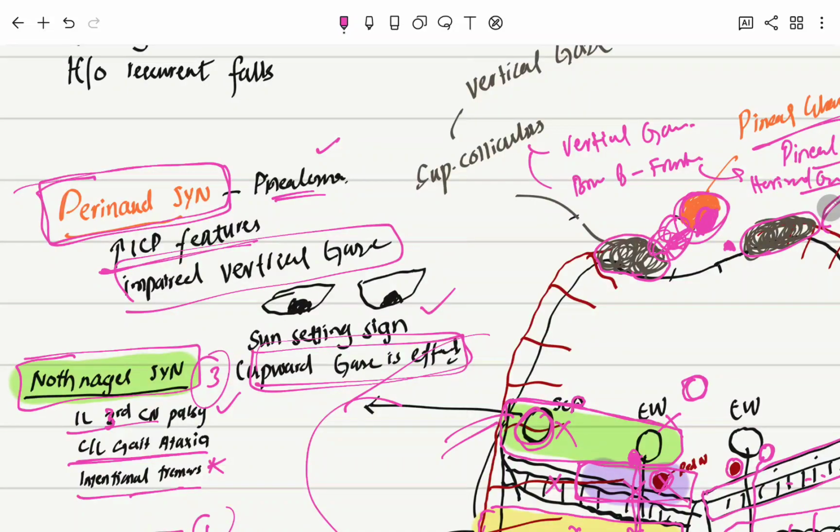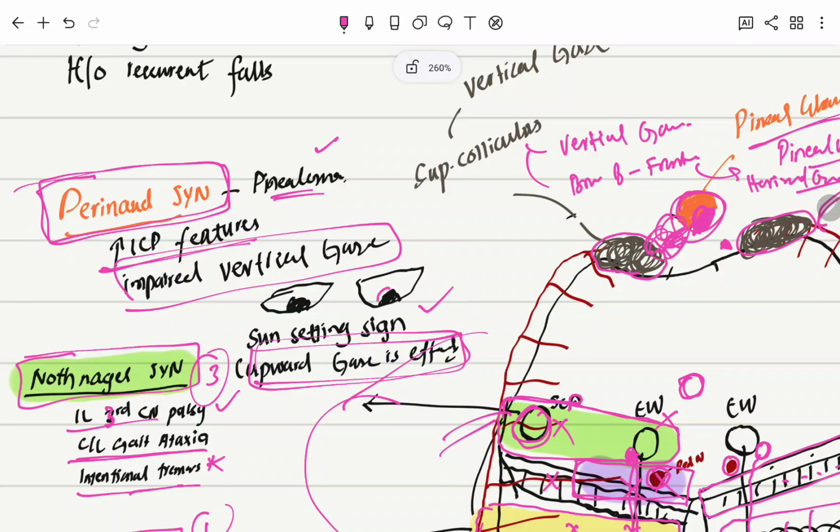So the eyes will be like this. This is called the sun setting sign.